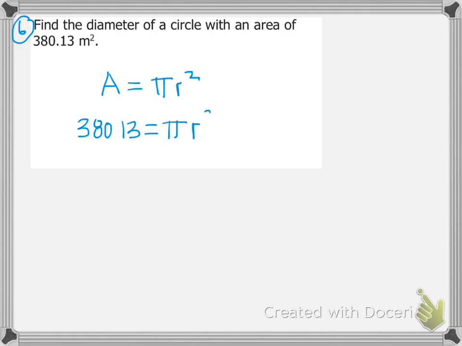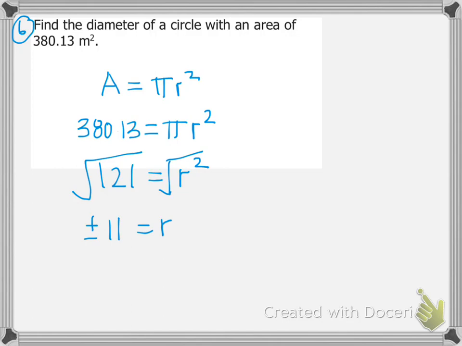To solve for my radius, I'm going to divide both sides by pi. 380.13 divided by pi gives me roughly 121. Then I'm going to take the square root of both sides, which gives me a positive and a negative 11. But remember, we're throwing out the negatives.